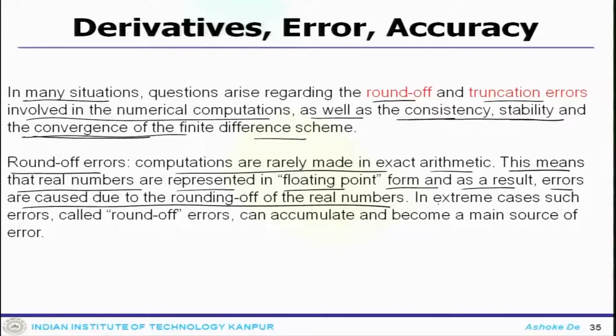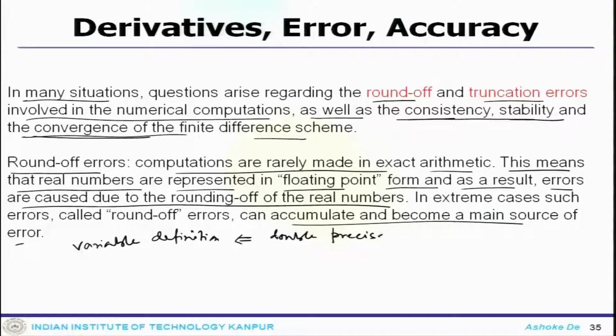In extreme cases such errors are called round off errors, and this becomes one of the main sources of errors. That means your variable definition must be double precision, so that it uses proper machine precision.